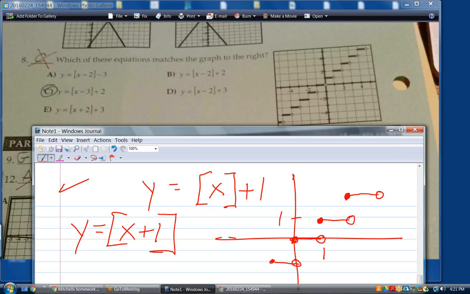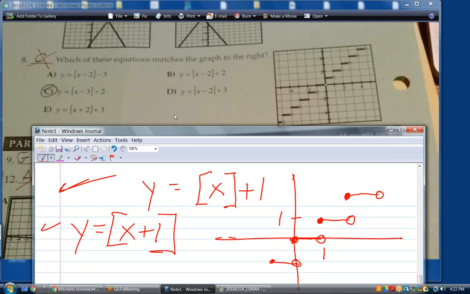Yeah. Okay. In other words, both of these y's would give you the function we're looking at. So what happens if I shift left? I've got to end up with a +1 here. Which of these answers gives me what looks like it's going to be a +1?